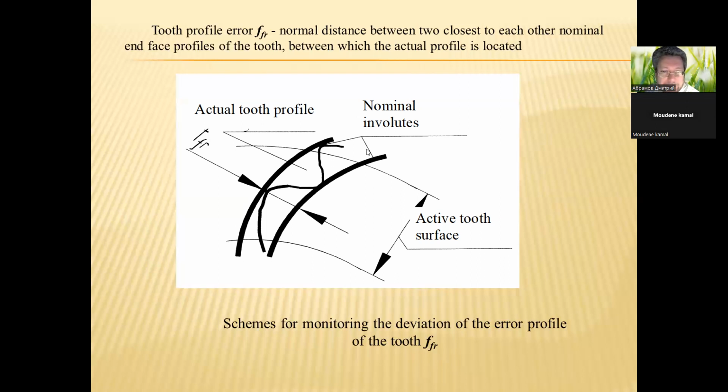And distance between these two nominal involutes, it's F suffix FR. It's tooth profile error.